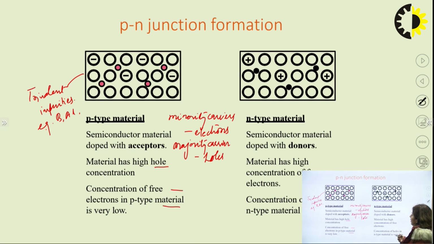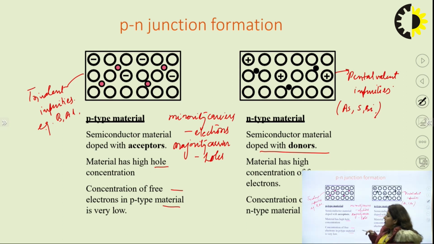On the other hand, how to create an N type of material? For N type of material, the semiconductor is doped with donor type of impurities. These are basically pentavalent impurities, like arsenic, antimony or bismuth, and these will create extra electrons in the lattice, and the electrons become the major part of the N type of material.